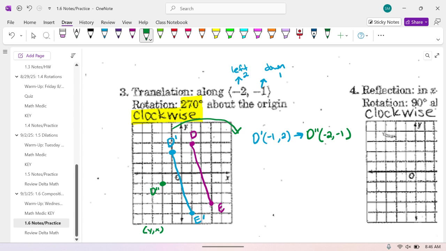All right. So again, if you don't remember the rules for that, that's how you can figure it out. The only thing you got to remember about rotations is that every quadrant, so every 90 degrees, you have to flip X and Y. All right. And then whatever quadrant you end up in, you just change the signs to fit that specific quadrant. So, for example, if you end up in quadrant 1, both sides would be positive. Quadrant 2, only the X is negative.